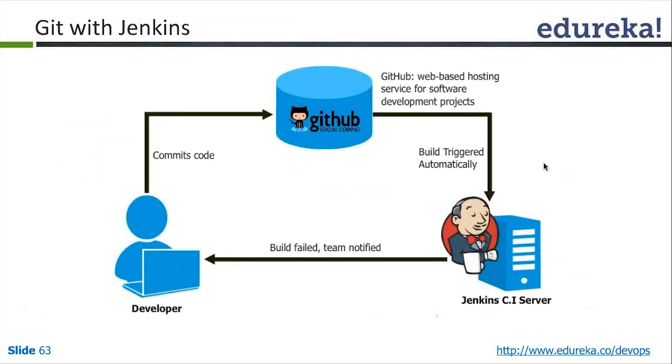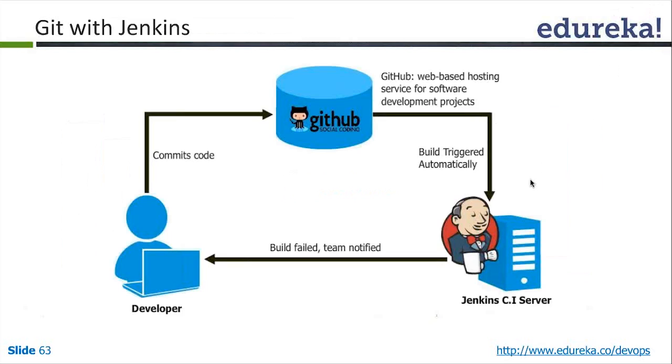Then, okay, this is where the whole new concept of CI and CD is coming. How Git works with Jenkins. Once the developer commits code, then the build is triggered automatically.